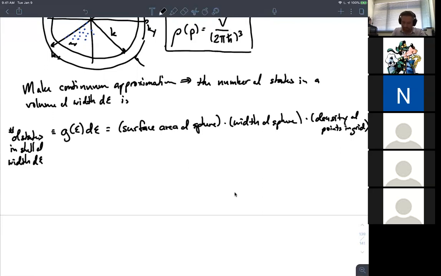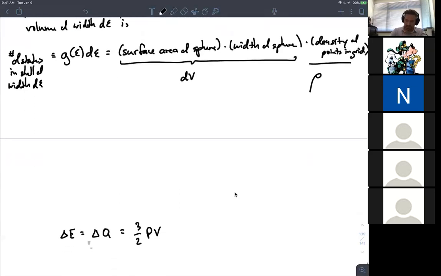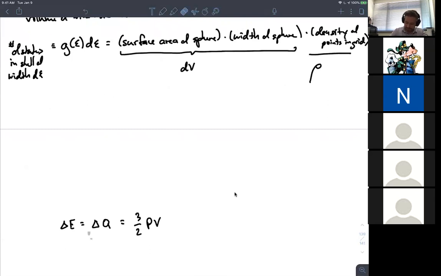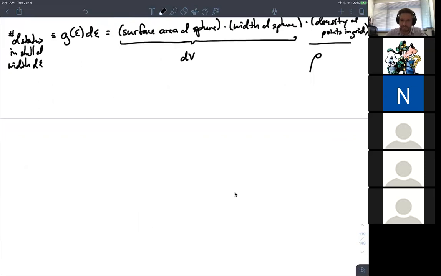In other words, this quantity here is dV, the volume in the phase space that I'm talking about, and this is my density of points in the grid. So I take the density of points times the volume, and that gives me the number of states. Everybody's cool at this point, I hope. Any questions? We're good? Again, we've done all this before.